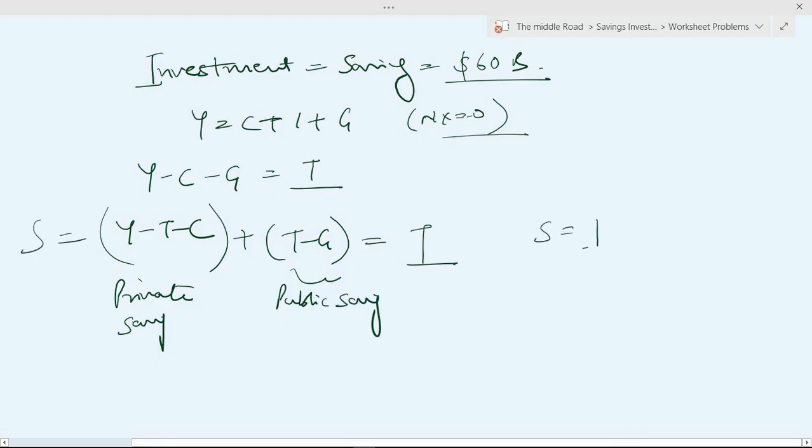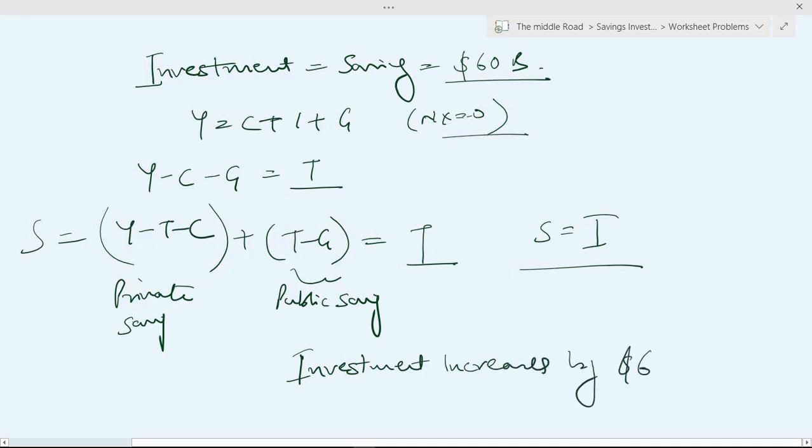So this is S, and in a way S is equal to I. We have seen this in loanable funds, and we saw a number of examples. So the answer is that investment increases by 60 billion.